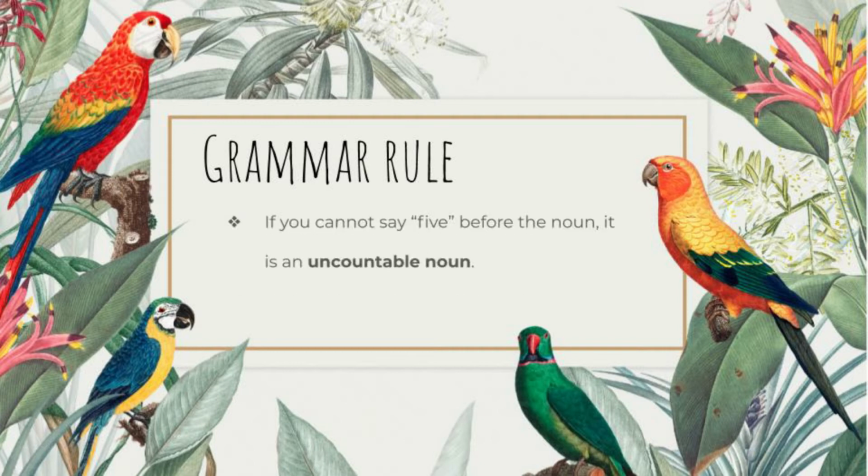But if you cannot say 5 before the noun, it is an uncountable noun. For example, water, sand, and rice. You can't say 5 water, 5 sand, 5 rice. No, they are uncountable nouns.